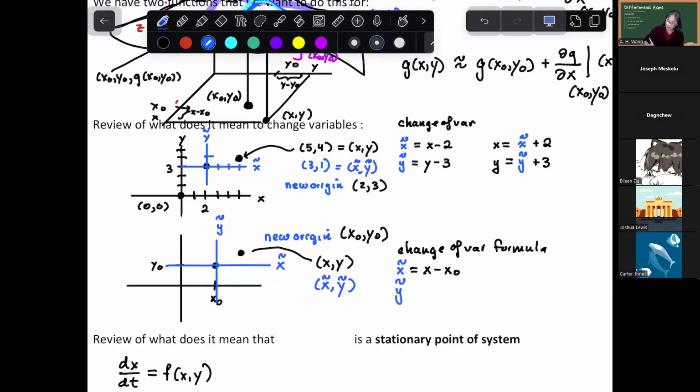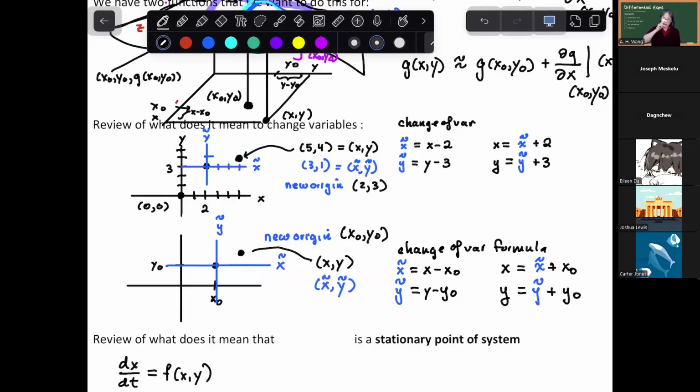Y tilde equals y minus y naught. Exactly. And if you were to start off with the x tilde and you were trying to find the black, that would be x tilde plus x naught, and then the other way would be y tilde plus y naught.